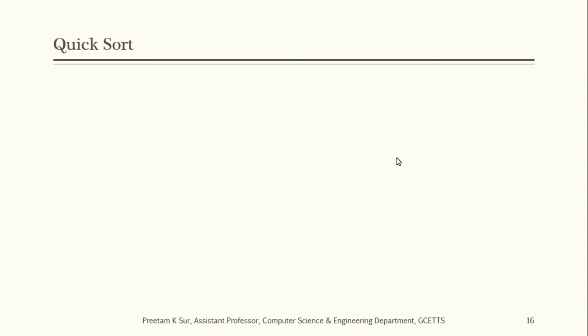Now we are going to discuss quicksort. Again, quicksort follows the divide and conquer paradigm, right? So in the divide part, what does quicksort do? In quicksort, we find a pivot element, and that pivot element is going to divide the array into two parts.